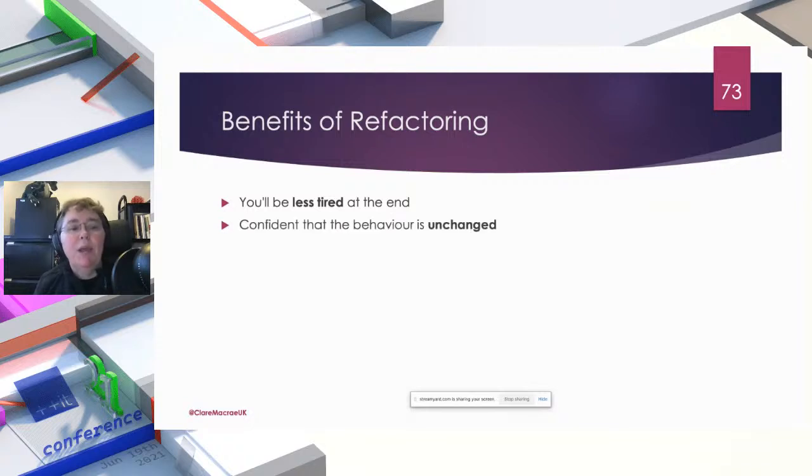You'll be confident that the behavior is unchanged, but also you've left the code in a better position for the next person to work on it, which may be you or maybe a colleague. And the users are likely to get that feature sooner. I guess other things to say are you'll spend less time bug fixing along the way because you'll be confident that because the code is unchanged, you aren't going to have to spend ages in the debugger working out what you broke.